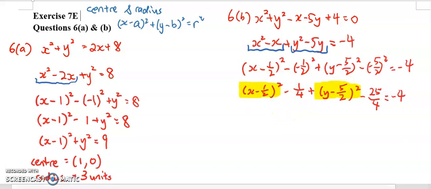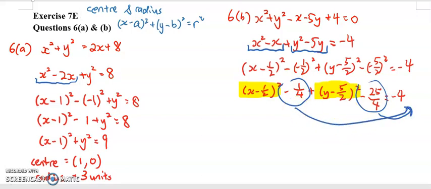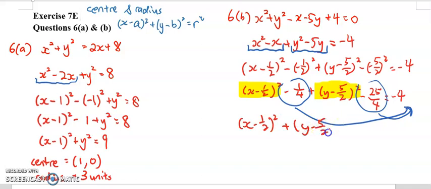The next step is we just shift all these negatives to the right side of the equation. So (x − 1/2)² + (y − 5/2)² equals, you can do it on your calculator, −4 + 1/4 + 25/4, to get 5/2.